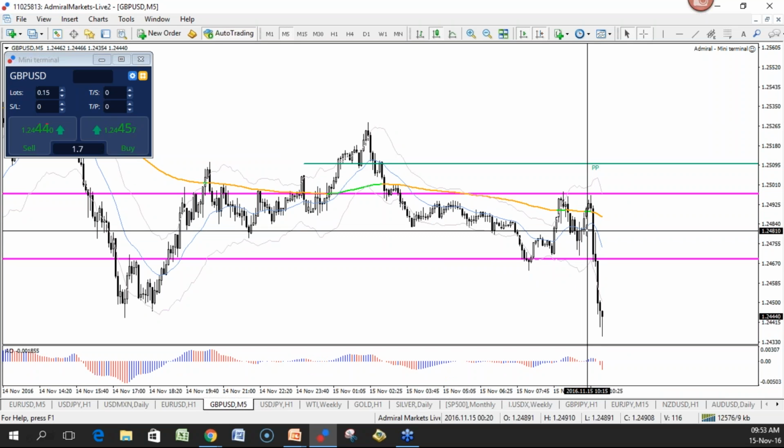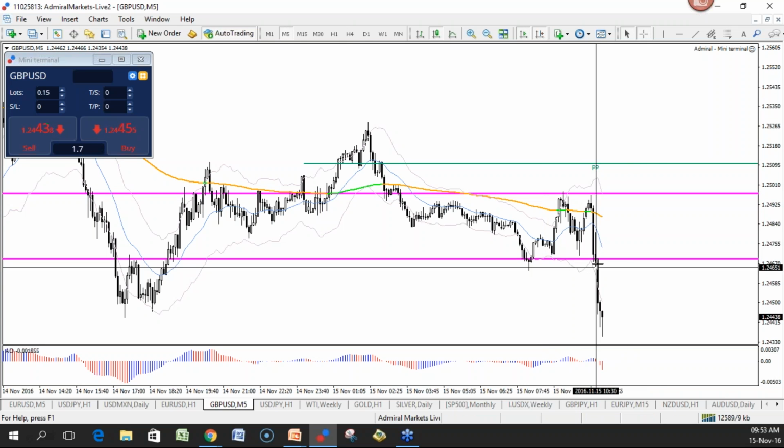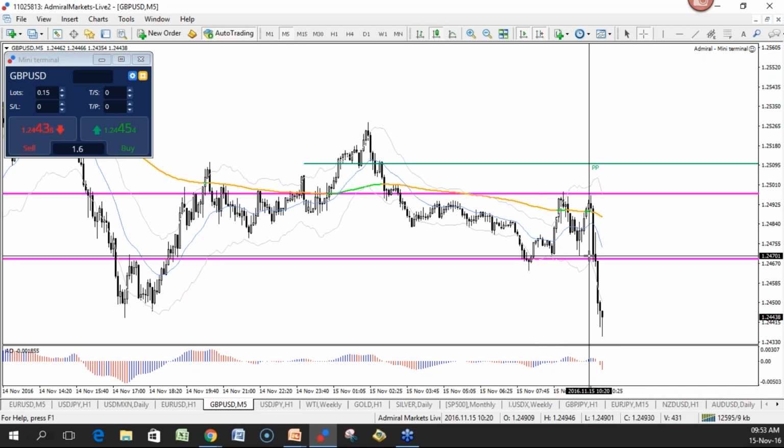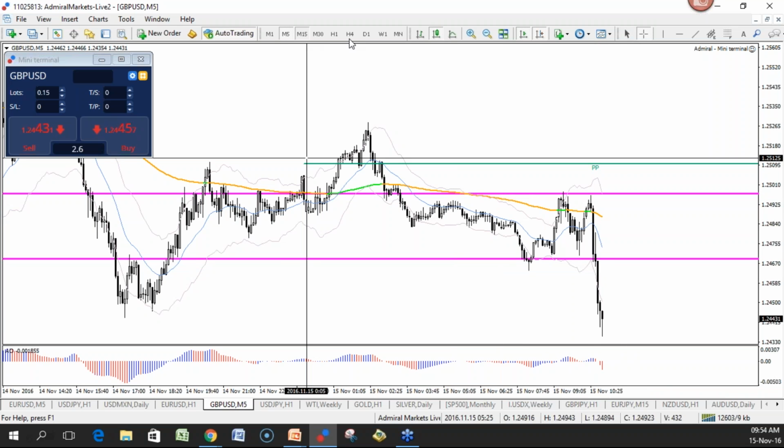We did get a bit of bounce here, where we were looking at it, just not that much though, 15 pips, and eventually not able to break this resistance, but able to break the support apparently. So pound pretty weak. And my cap is bearish at the moment with that break.